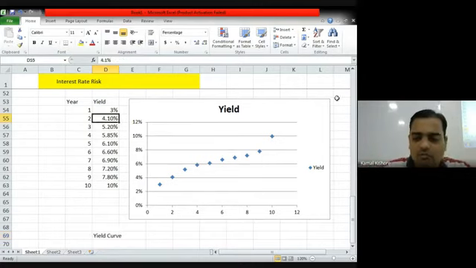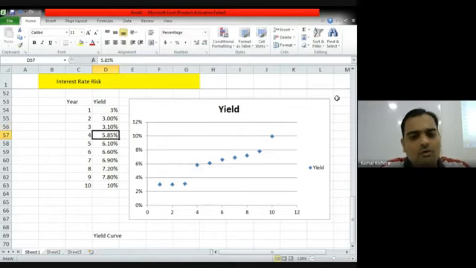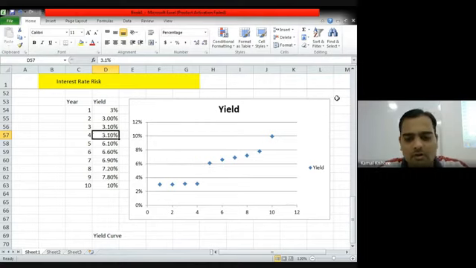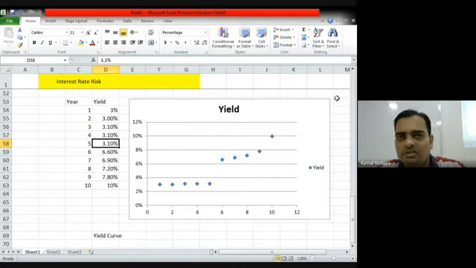Now let's say this will be so. Now you see what is happening. The curve is flat and then suddenly it is increasing. It can also happen like this, where it increases suddenly. And it can also happen like this.